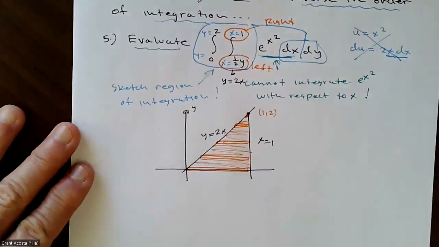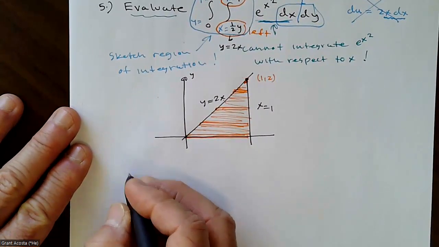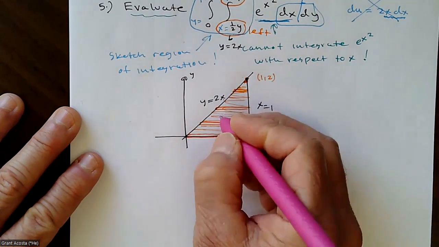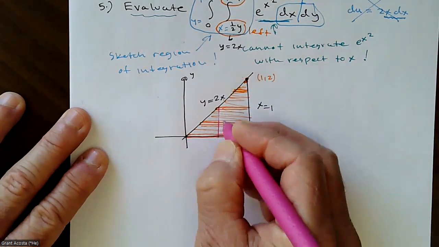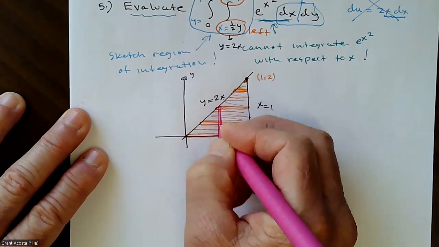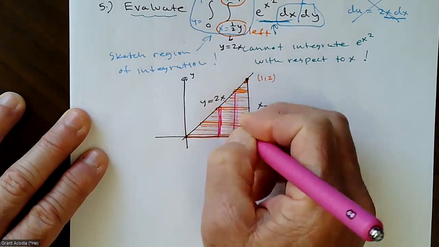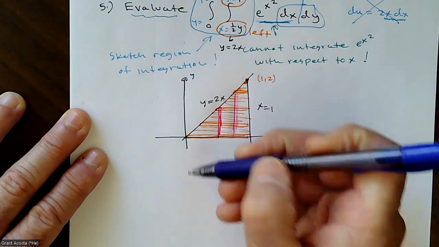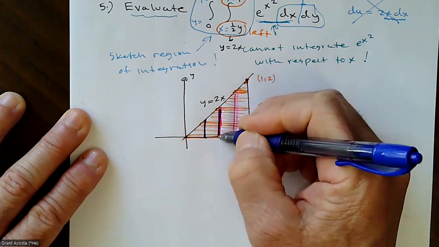And now that we know that, what we want to do is reverse it. So if I were to take this region of integration and now imagine filling it up with a bunch of thin vertical rectangles. Pen's not working so well. There we go. Vertical rectangles.